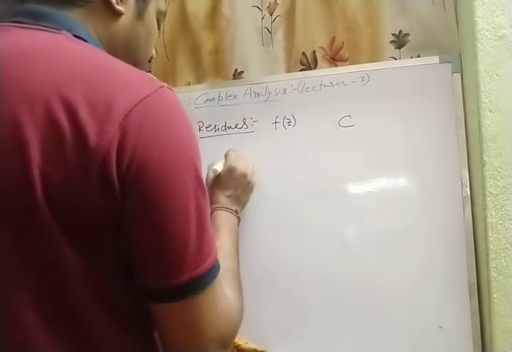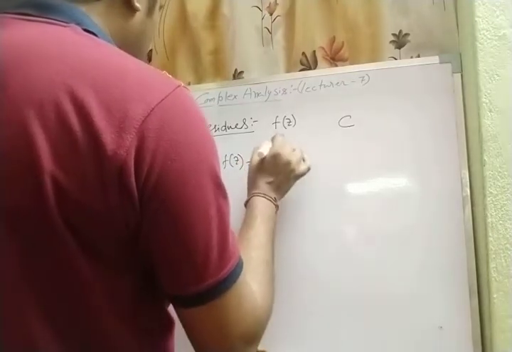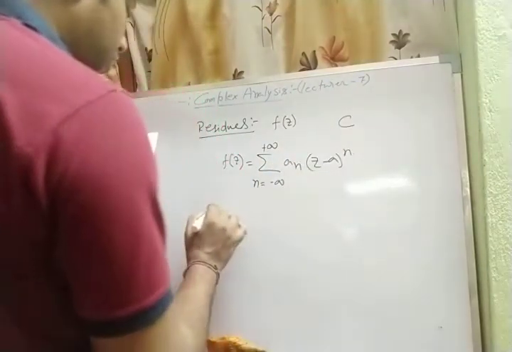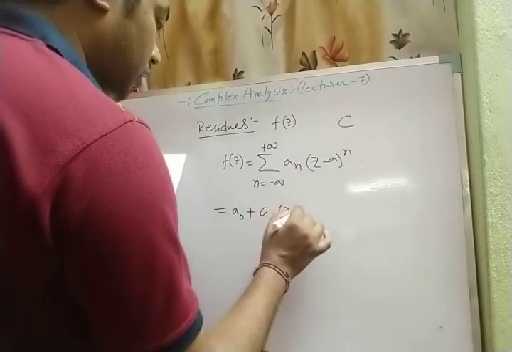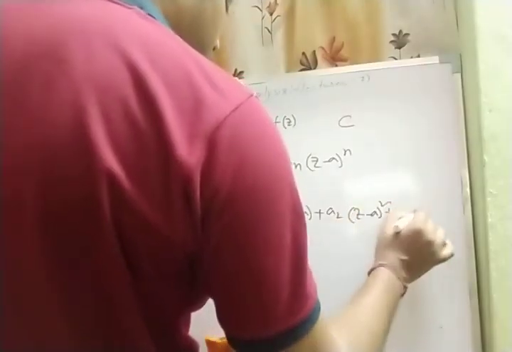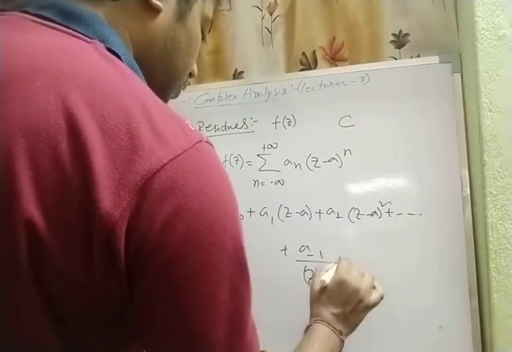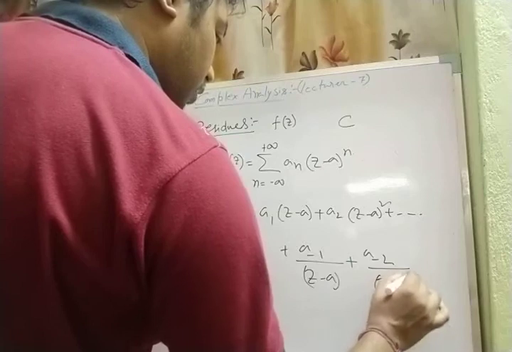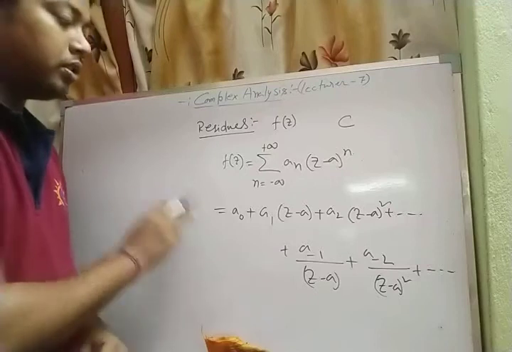That is, f(z) equals the sum from n equals minus infinity to plus infinity of a_n (z minus a)^n, and this can be further expanded as a_0 plus a_1 (z minus a) plus a_2 (z minus a)^2 plus dot dot dot, plus a_{-1}/(z minus a) plus a_{-2}/(z minus a)^2 plus dot dot dot. So it can be easily expanded in a Laurent series by this.